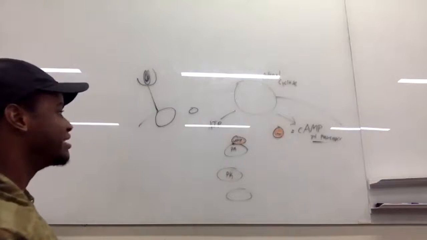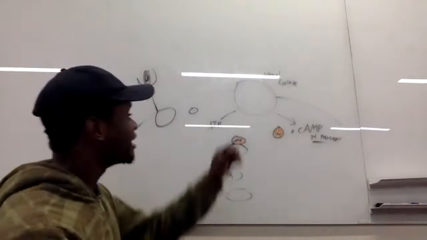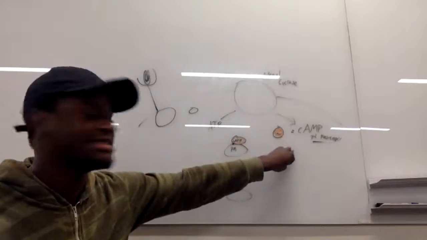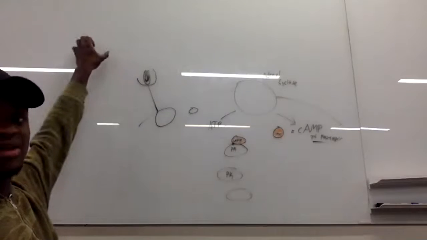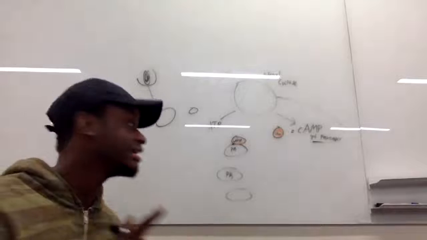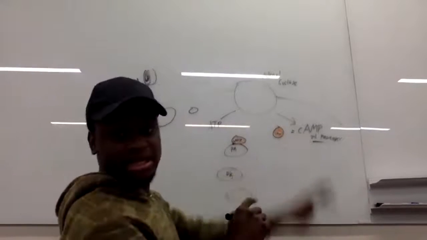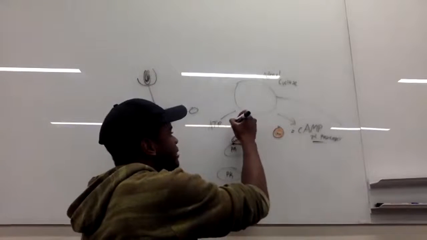Signal amplification. So how that happens is, going back to the second messenger, which is an extension of the first messenger, aka the ligand, the second messenger is made in mass quantities.